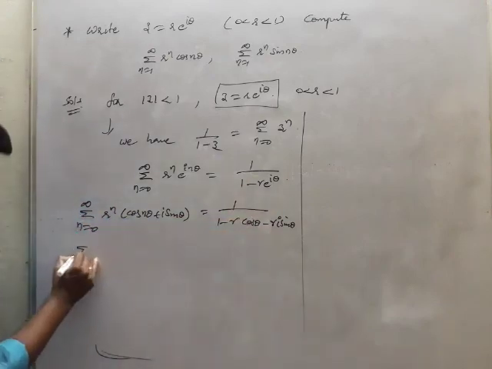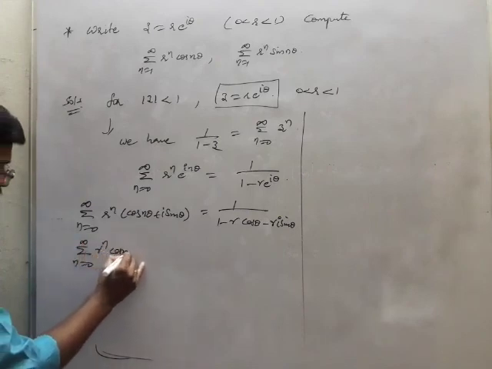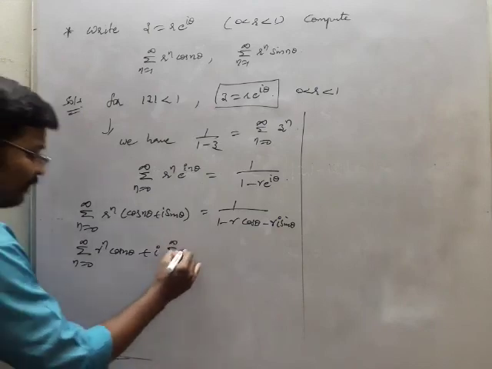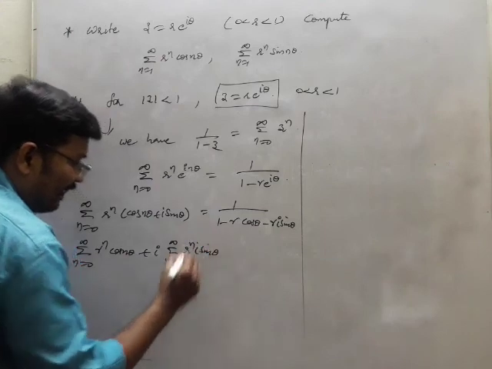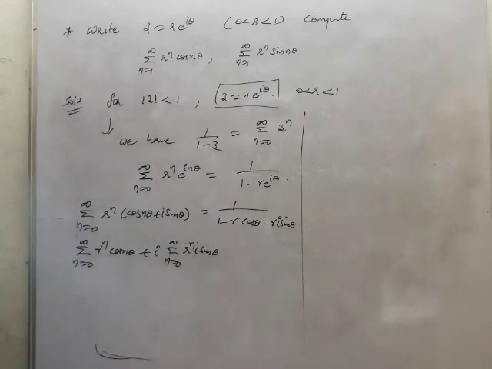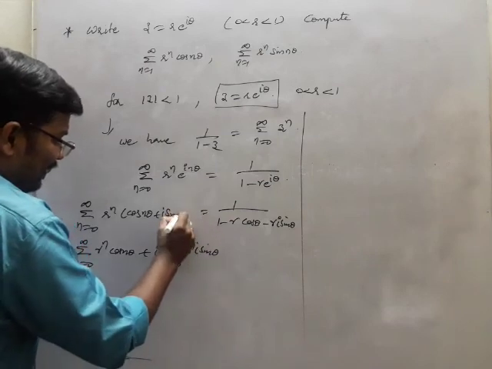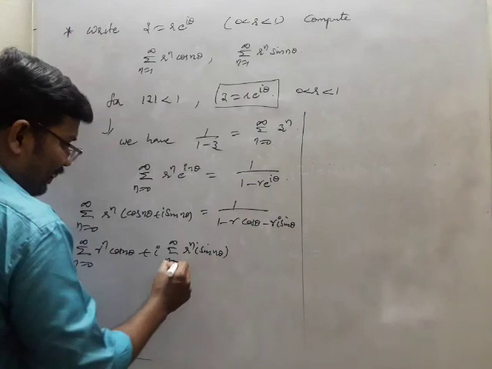I reshuffle this: the summation n equal to 0 to infinity of r^n cos nθ plus i into the summation n equal to 0 to infinity of r^n sin nθ.